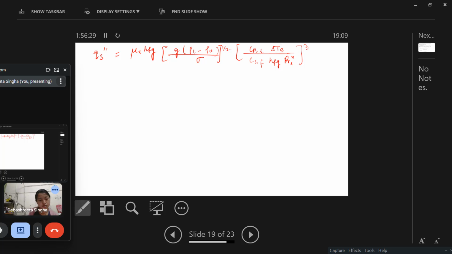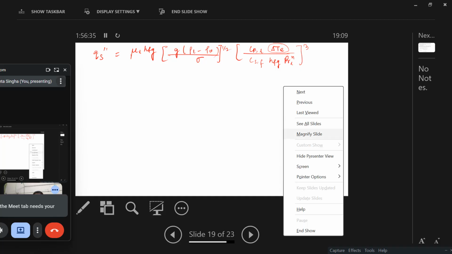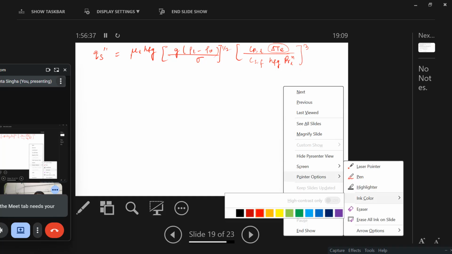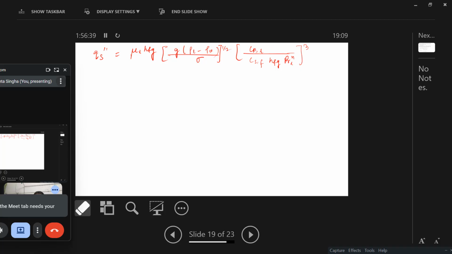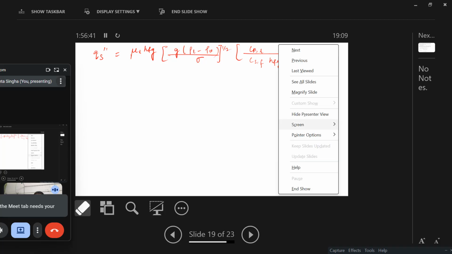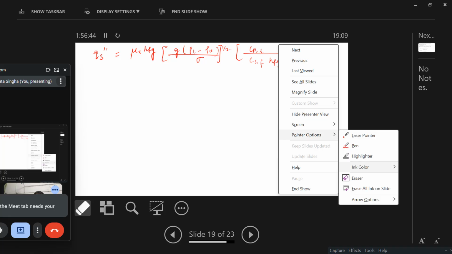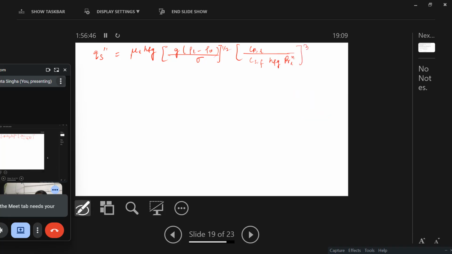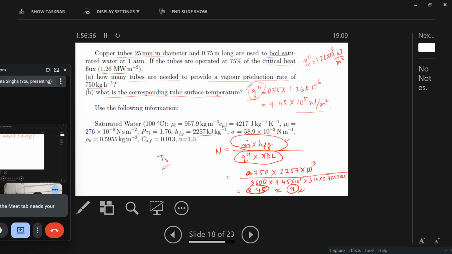So from here, this T_e we can also write as T_s minus T infinity.